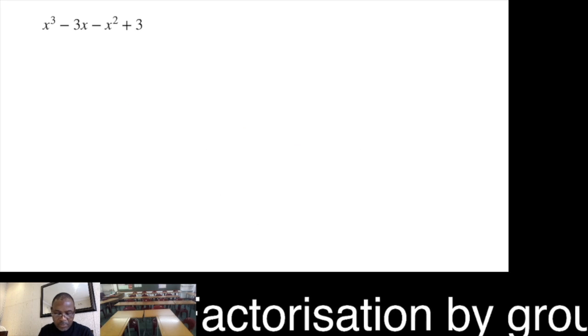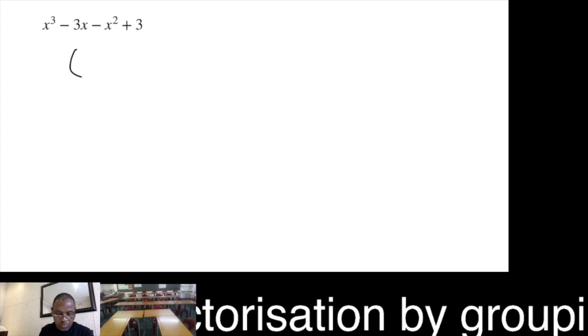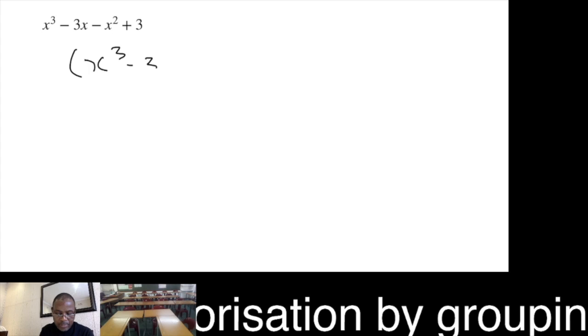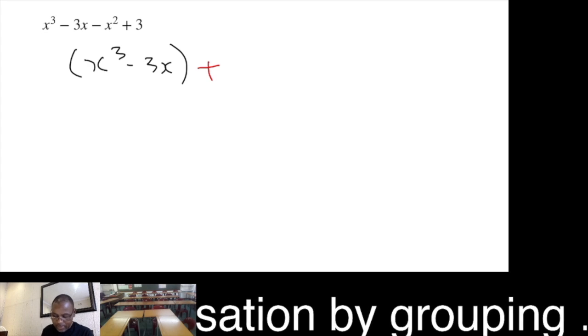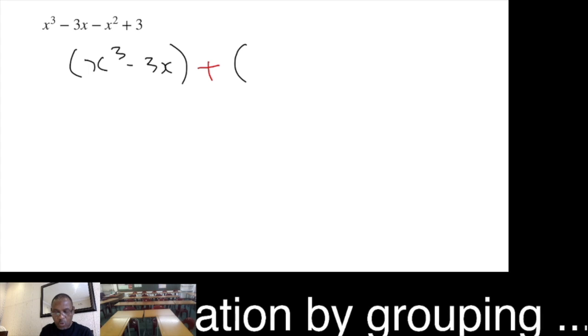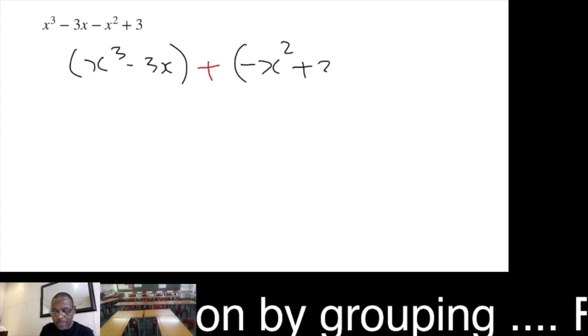One last example. I'll do the same thing here. I can't see anything common right across. So I'm going to group x cubed minus 3x in one bracket. Remember the plus sign. Then in this bracket, I copy down the other two terms as they are, minus x squared plus 3.